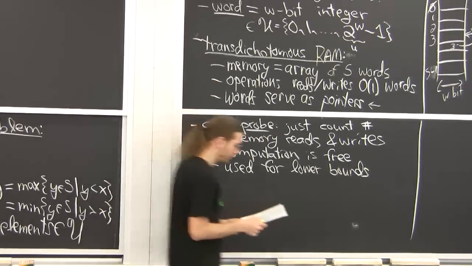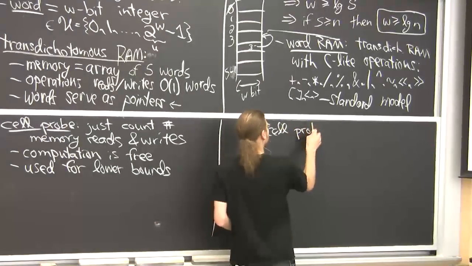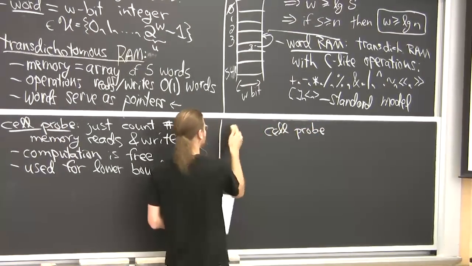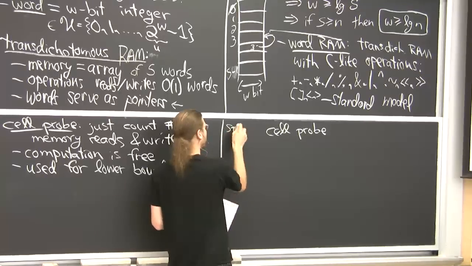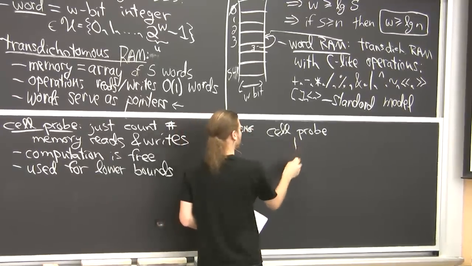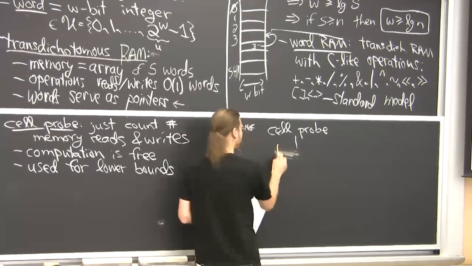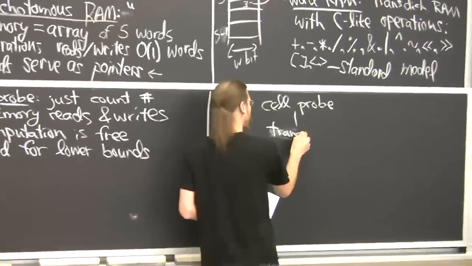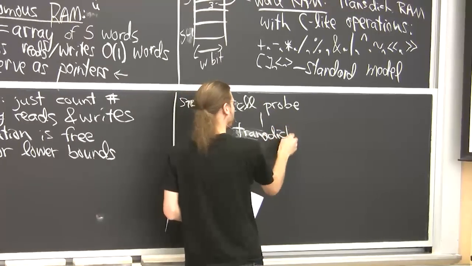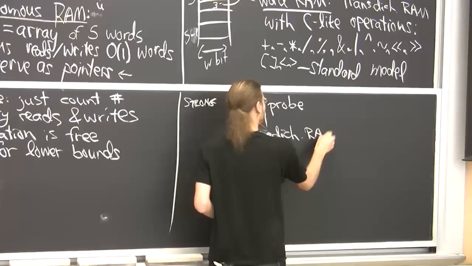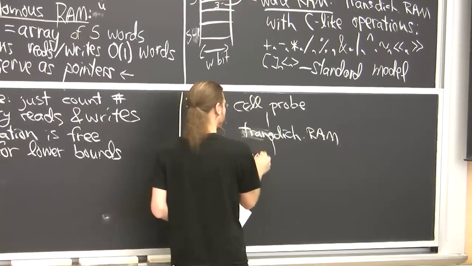In general, we have this sort of hierarchy of models where this is the most powerful, strongest. Below cell probe, we have transdichotomous RAM, then word RAM.